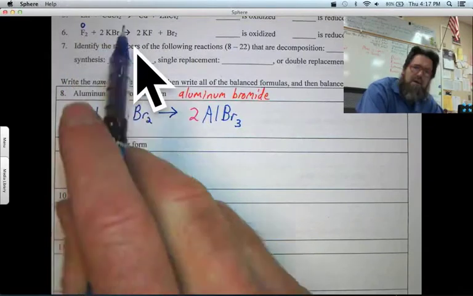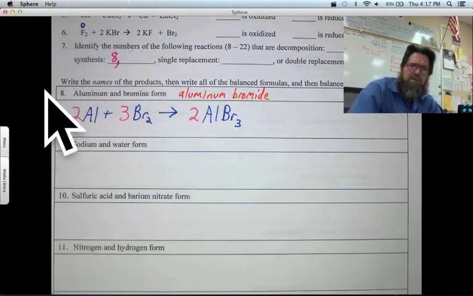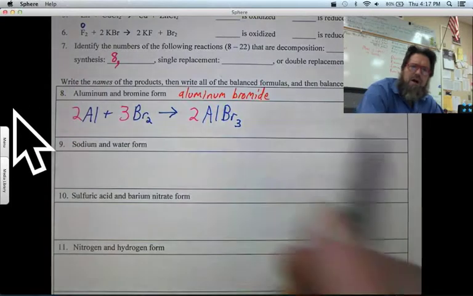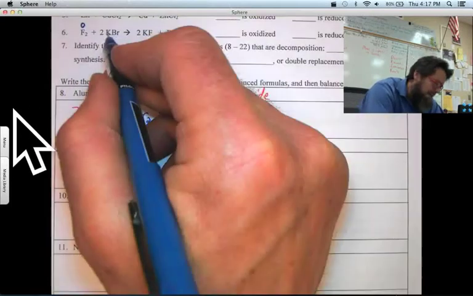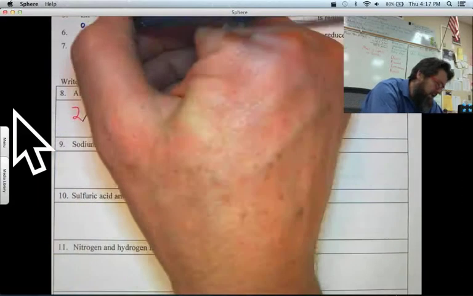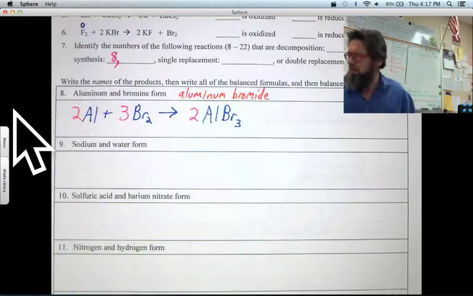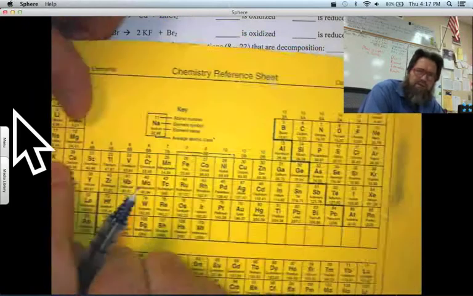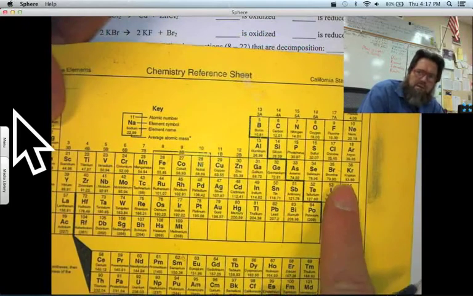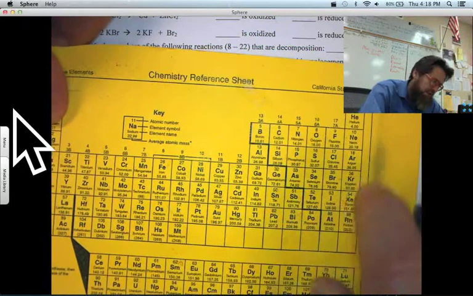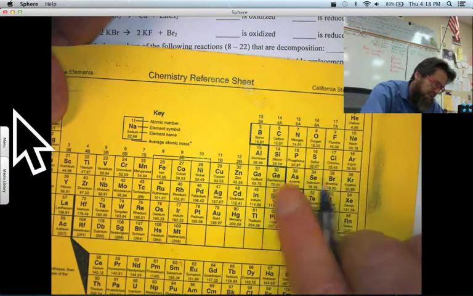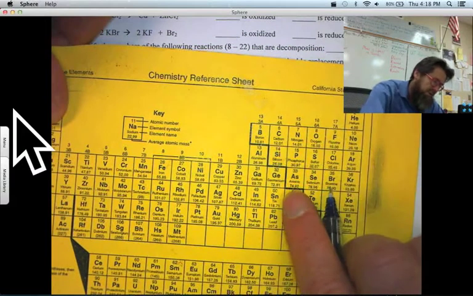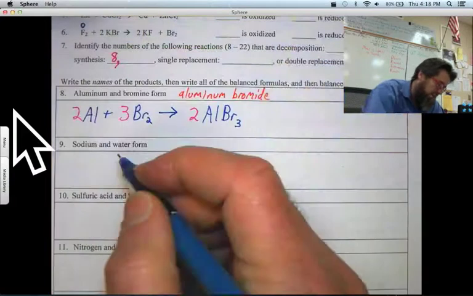KBr, and let me get this out of the way. KBr, that's ionic, potassium bromide. Looking at our periodic table, potassium +1. Bromine, let's see, noble gases have zero charge. We count 0, -1, -2, -3. Bromine is a halogen, -1 charge when it gets the electrons it wants.